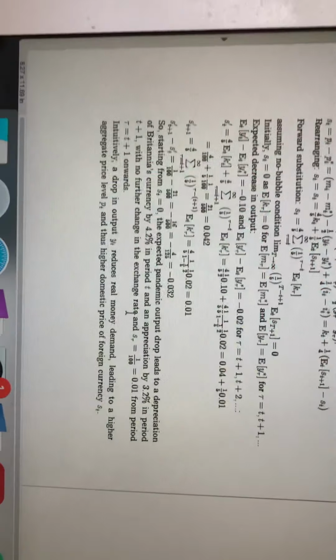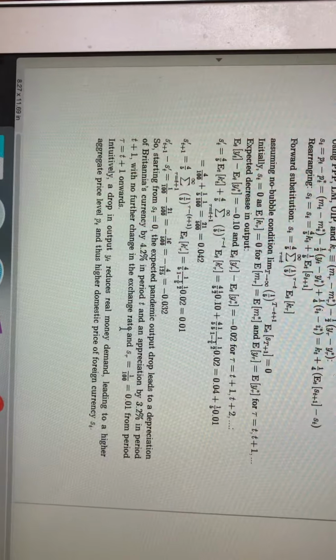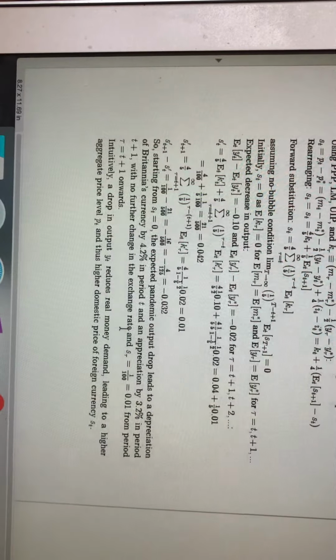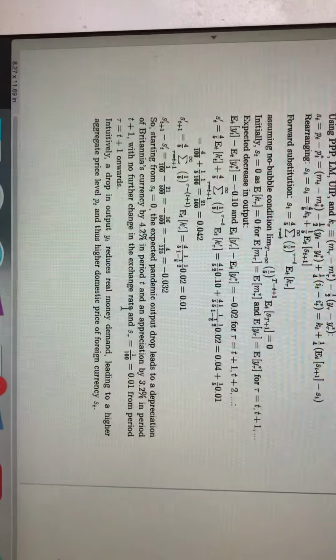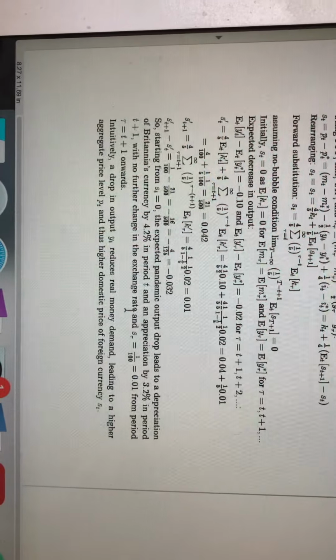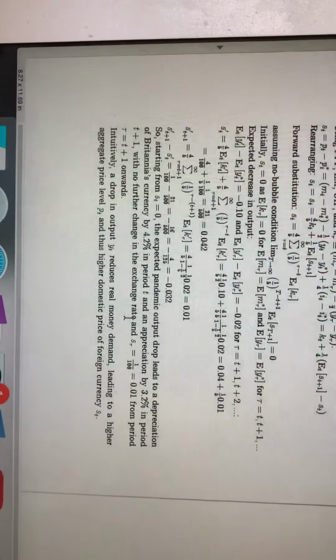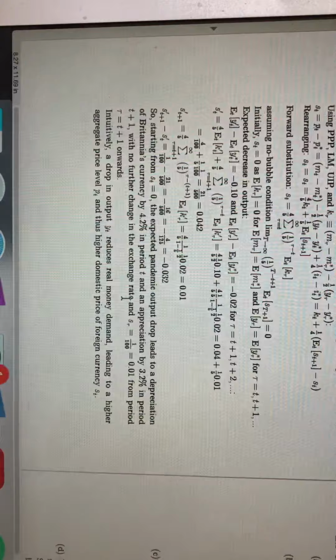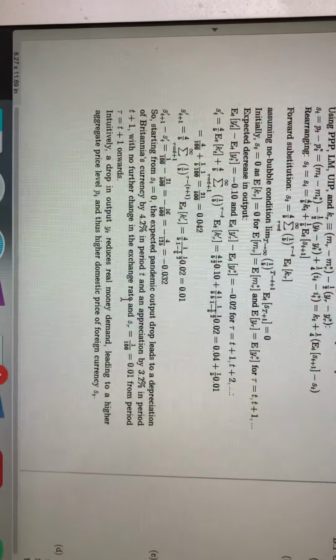So the interpretation is that the expectation of lower future output reduces the real money demand, so people use excess real money balance to purchase more goods, which increases price and thus reduces the demand for the currency.